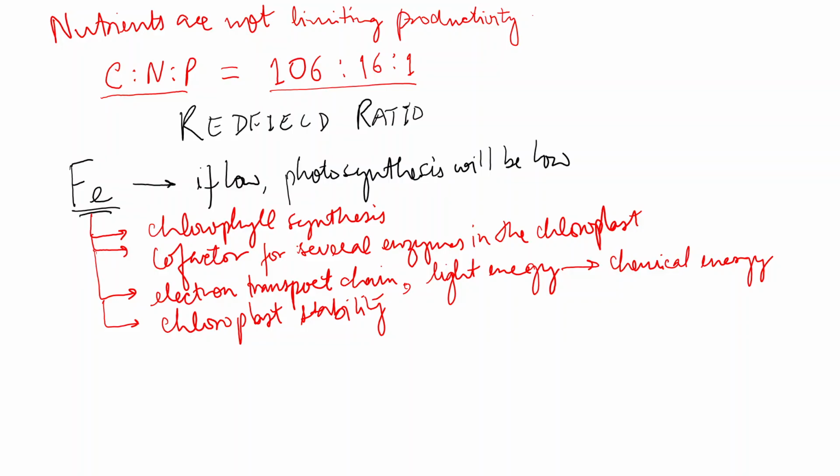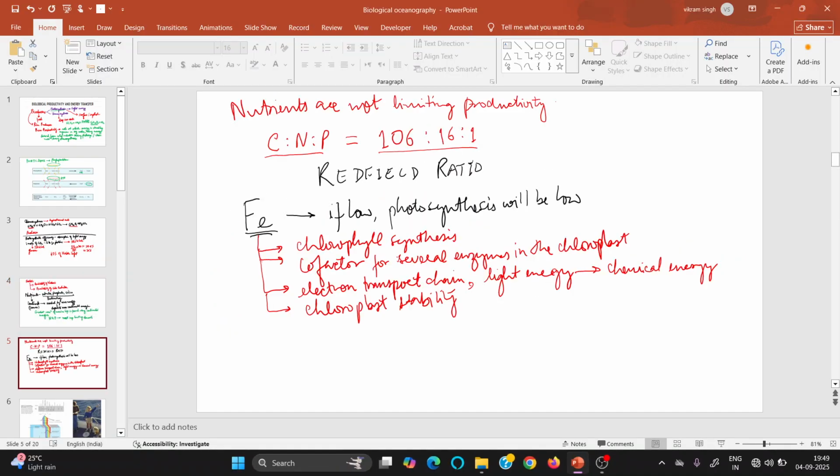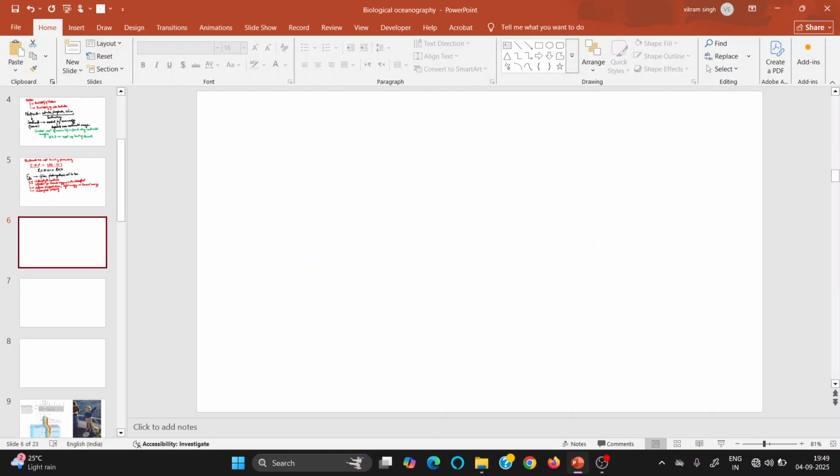Now the second factor, the availability of solar radiation. I'll add a few more slides here. Now let us see how the availability of solar radiation is important for photosynthesis.